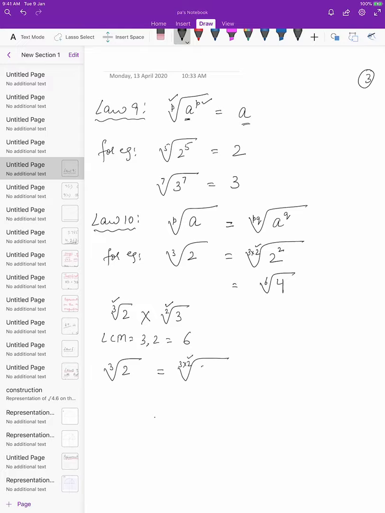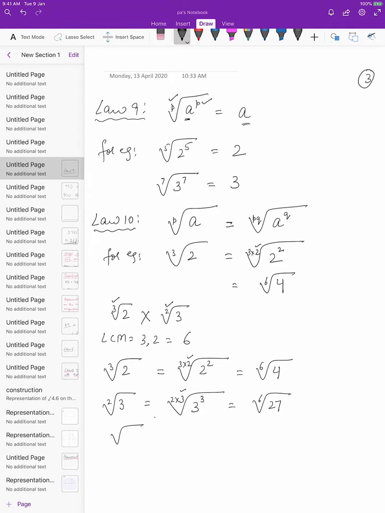same number 2 will be raised as a power to the inside number, which becomes sixth root of 2 square, which is 4. Similarly, square root of 3, if I want to make it the sixth root, 2 needs to be multiplied by 3, and here the same number 3 will be raised as a power to the inside number, so it will become sixth root of 27.